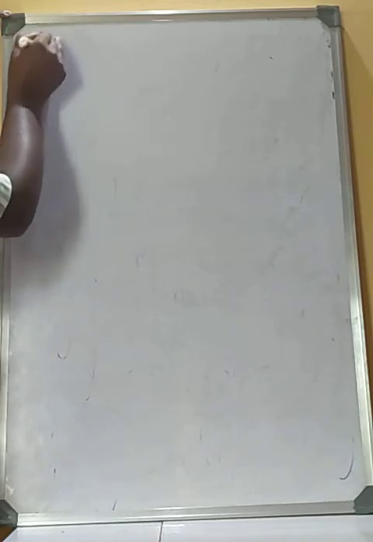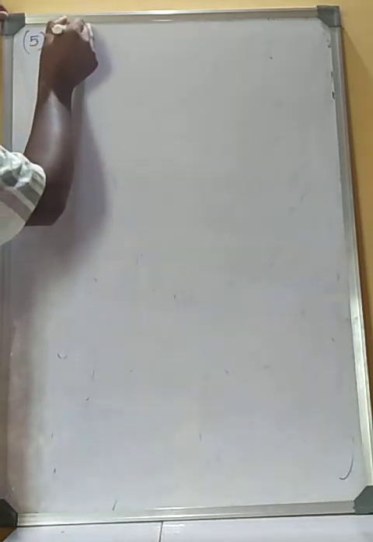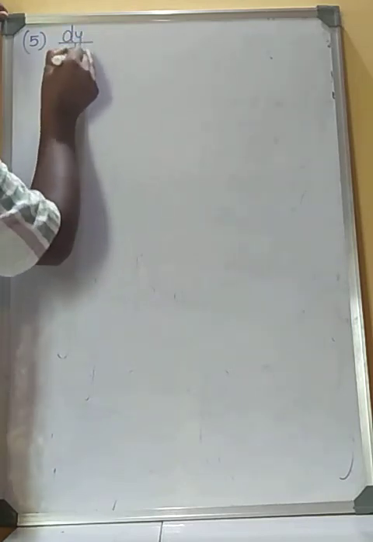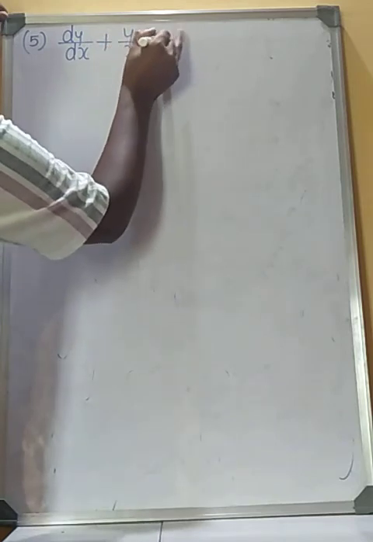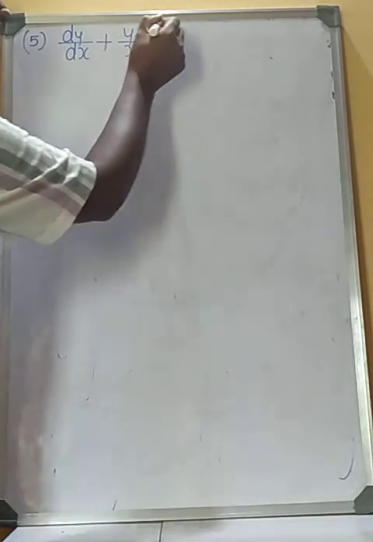So now one more example, example 5. Find the general solution of the differential equation dy by dx plus y by x is equal to x square.